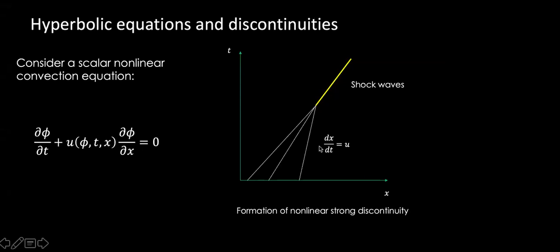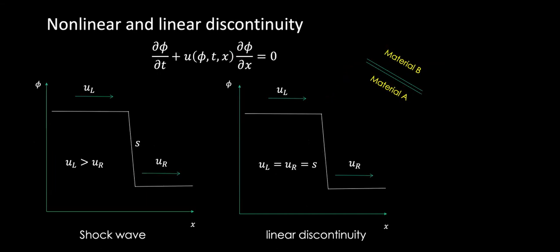We can also distinguish nonlinear and linear discontinuities in the same convection equation. For shock waves, UL is larger than UR, and both differ from the speed of the shock. But for a linear discontinuity, the speed of UL equals UR and equals the speed of the discontinuity. So in a hyperbolic system, the linear discontinuity never appears or is mentioned, and all we need to do is to track it sharply.